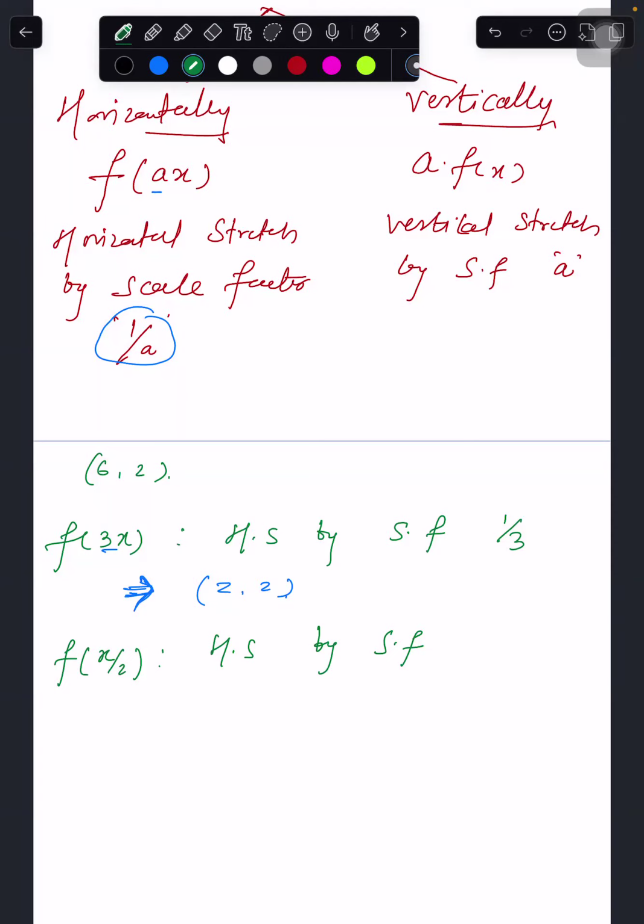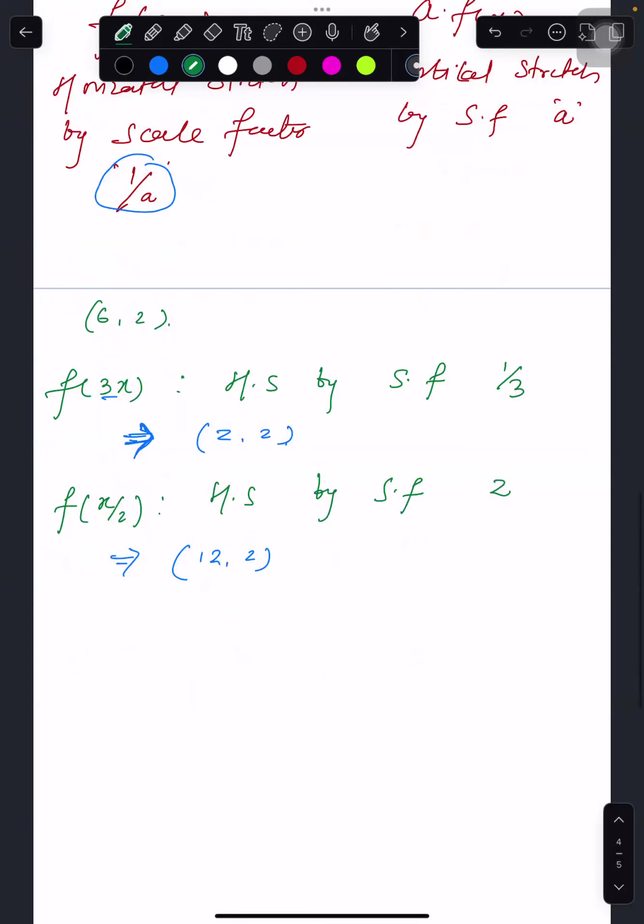The reciprocal of 1 upon 2 is 2. So it's a horizontal stretch by scale factor 2. The coordinate will become 2 multiplied by 6, so it will be 12, 2.